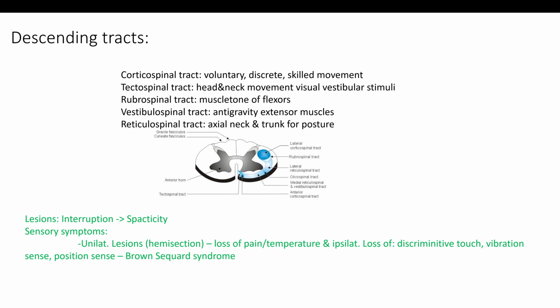Motor commands generated centrally can alter transmission of spinal reflexes, and damage to the CNS produces alterations in the reflex response and muscle tone. For example, interruption of descending pathways produces spasticity. Transection of the spinal cord leads to a period of spinal shock followed by hyperreflexia.